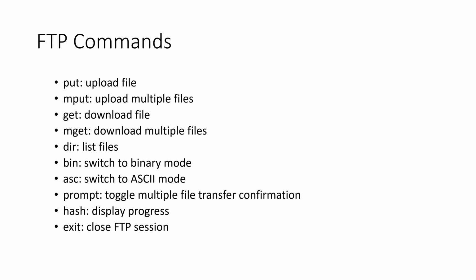ASC switches to ASCII mode for text files. Prompt controls whether to confirm for each file during multi-file transfers. Hash displays a progress indicator as files are transferred. And finally, the exit command closes the FTP session. So these commands make it easy to manage remote files directly from a terminal.